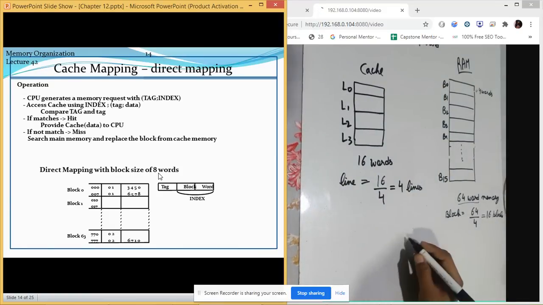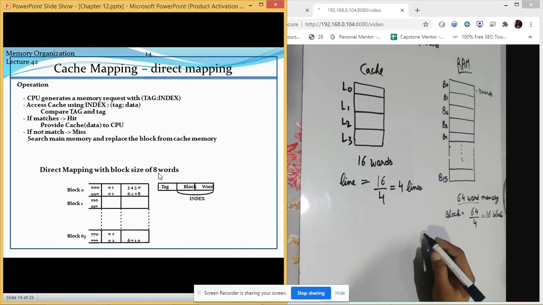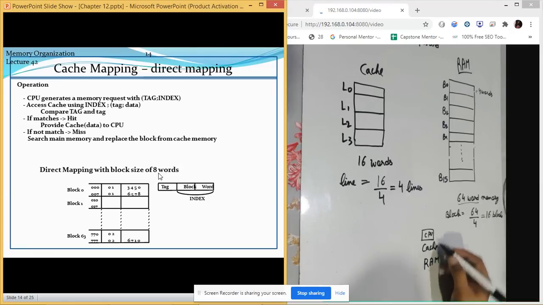As we have studied in our previous classes, the CPU has cache, then we have RAM, before that we have registers, and we have the hard disk drive. If the CPU is able to find the data in cache, it is fine. If it is not able to find it, it will move to RAM.